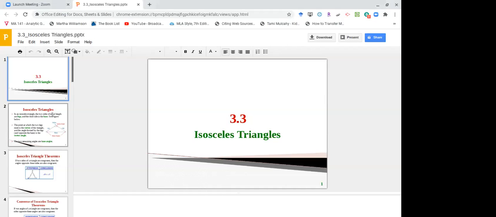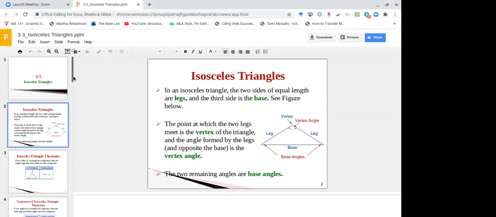And isosceles triangles, as you might remember, are triangles that have at least two sides the same. If you have three sides the same, it's equilateral, and technically those are isosceles, but we're focusing on isosceles triangles with two sides of equal length. The sides that are equal length, we call them legs, and the other side is the base.